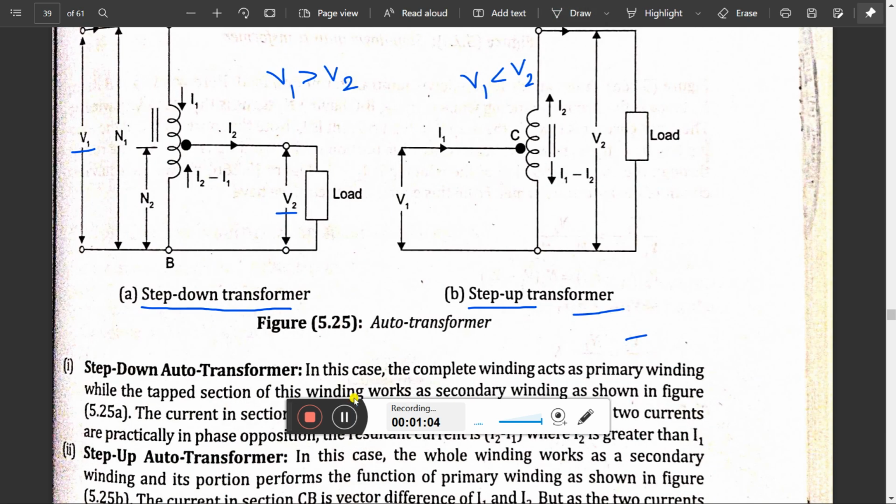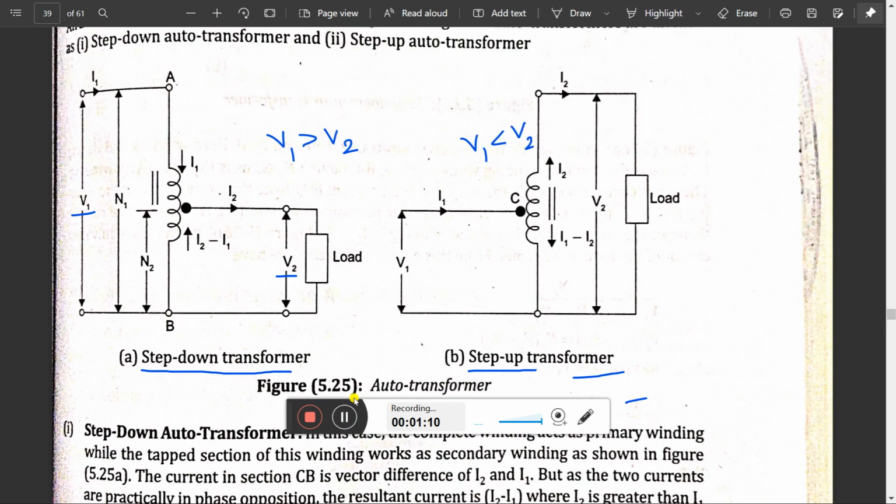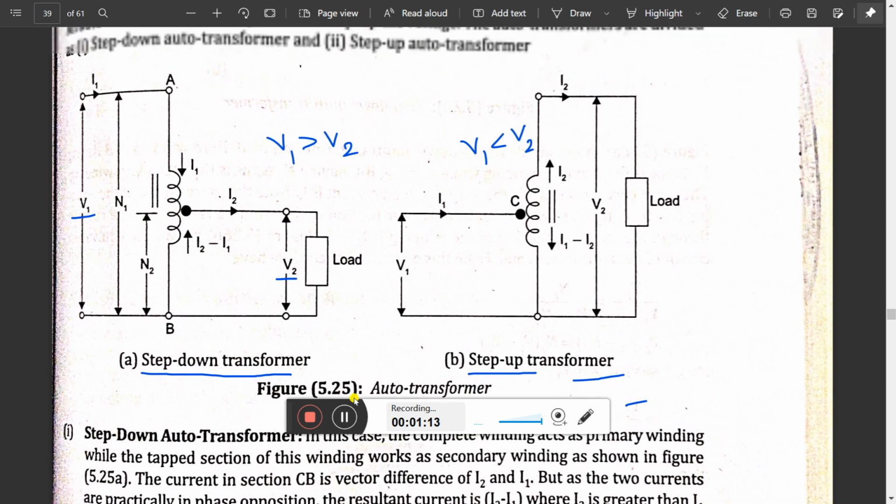If you observe this, V1 is the input voltage and V2 is the output voltage. The input current is indicated with I1. The output current is I2.